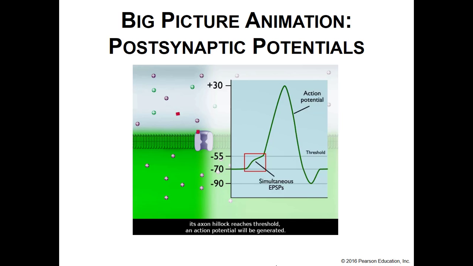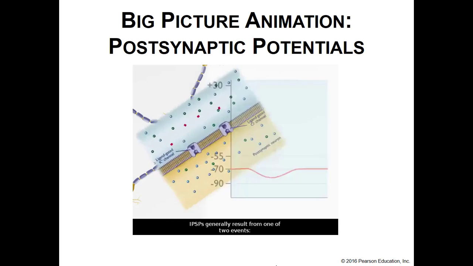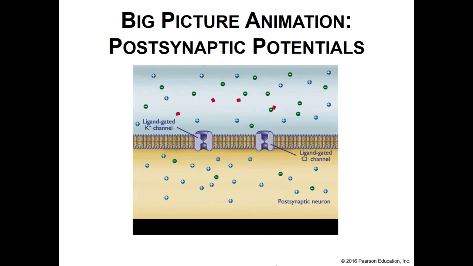If enough excitatory potentials occur in the postsynaptic neuron so that its axon hillock reaches threshold, an action potential will be generated. In contrast, inhibitory postsynaptic potentials, or IPSPs, cause a small hyperpolarization, so the membrane potential becomes more negative, moving it further away from threshold. IPSPs generally result from one of two events.